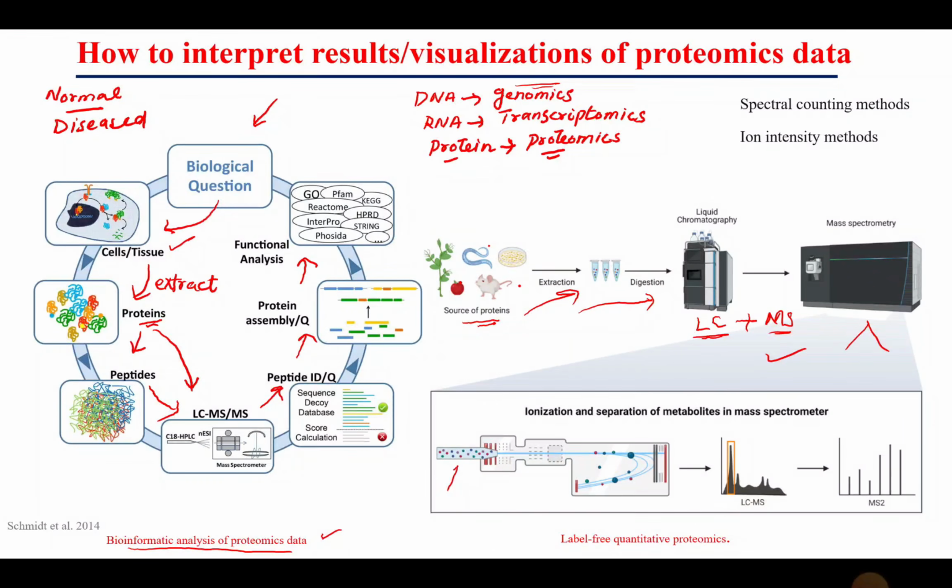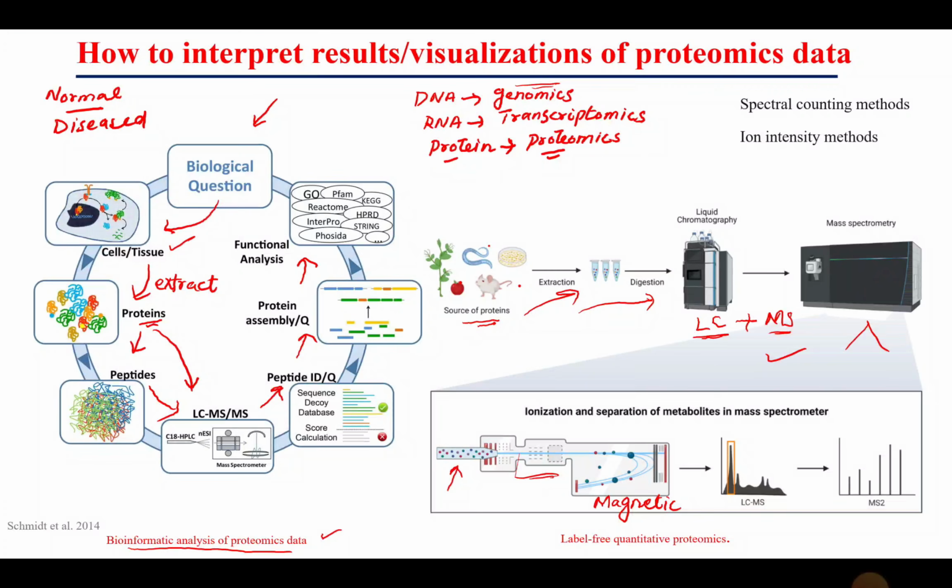Here there is one ionization source in which the samples are propelled through this mass spectrometer, and you can see here these peptides and amino acids have different ions, which are deflected with the help of different magnetic charges and magnetic fields.